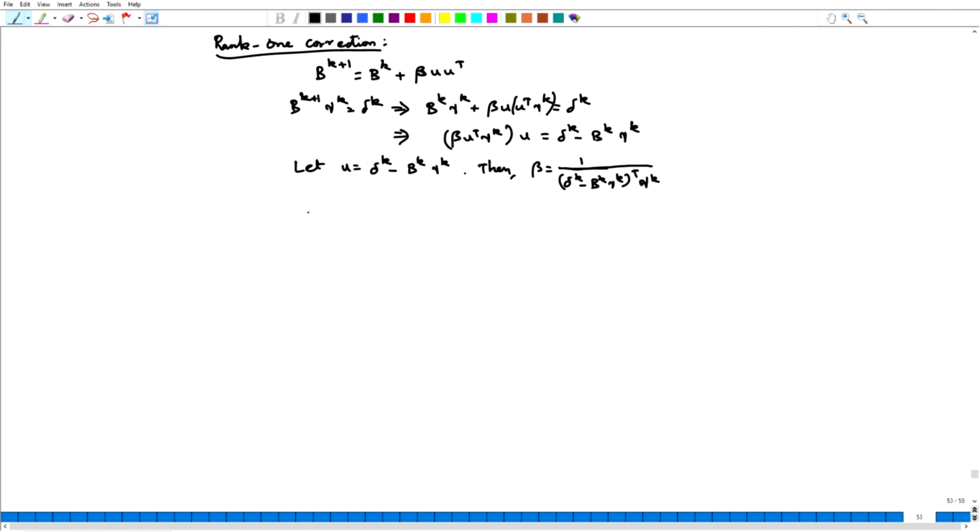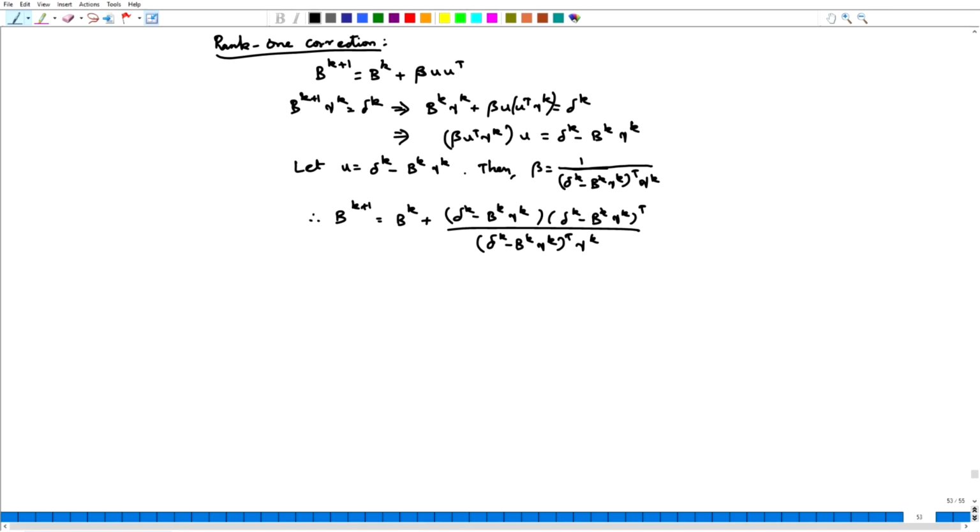Okay. So, therefore, we actually have B k plus 1 equals B k plus beta u u transpose, where u is what I have written here and beta is what I have written here. So, it should be delta k minus B k gamma k times delta k minus B k gamma k transpose, divided by delta k minus B k gamma k transpose gamma k.